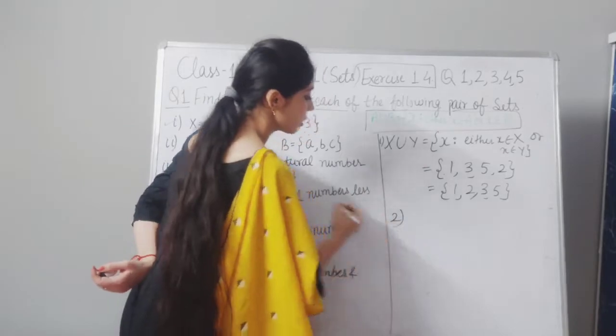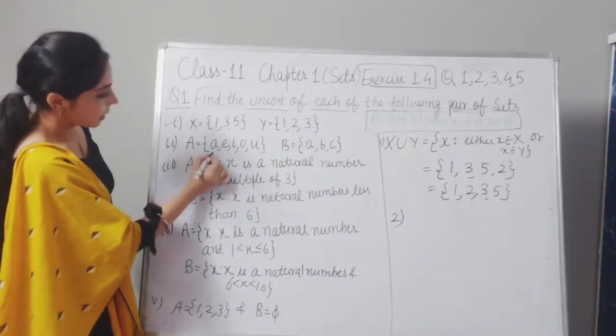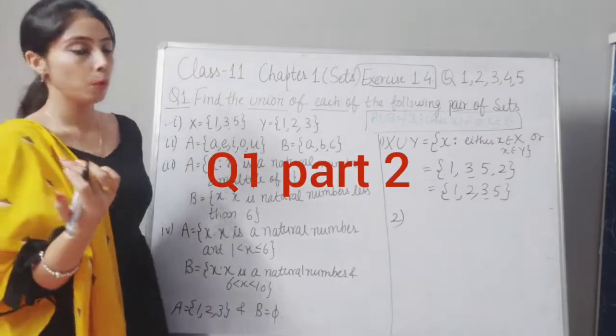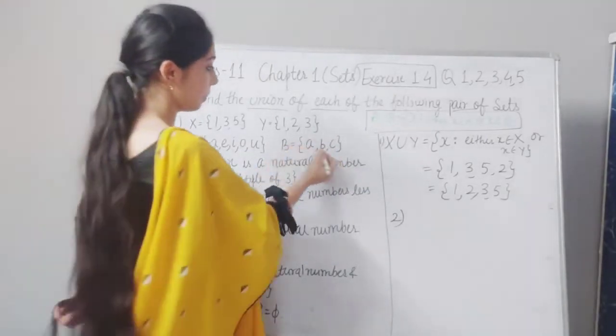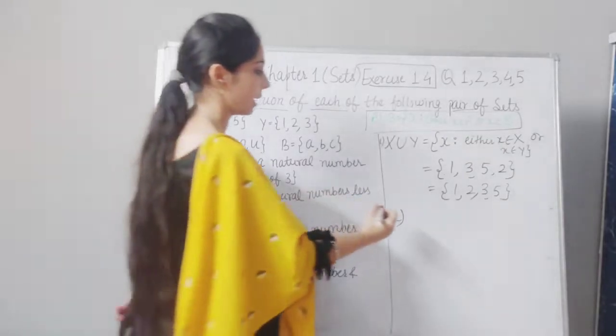Let's discuss the second question, which is A is equal to {a, e, i, o, u}. This contains all the vowels, and B contains the first three alphabets: a, b, c. What about the union of these two sets?